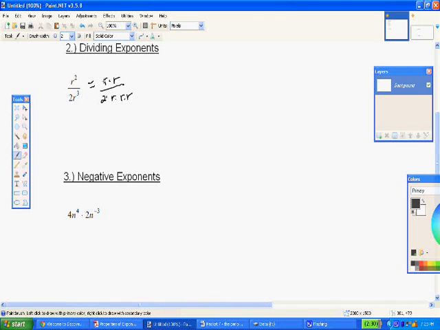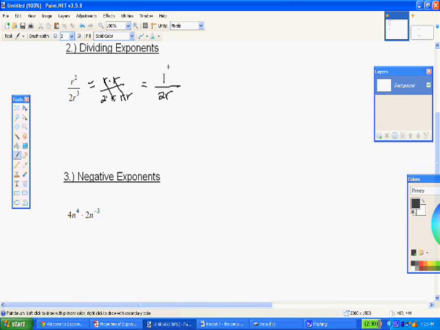And we know that when we have one thing on top of a fraction and one thing on the bottom, that they cancel out. So these two r's cancel out right here. And since we have nothing left on the top, the invisible number is actually 1. So we have 1 over 2r left.